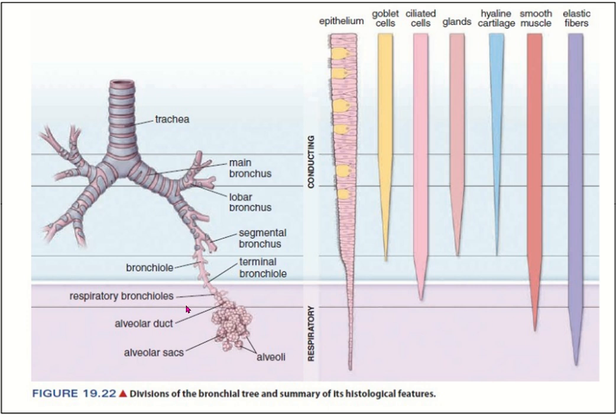The respiratory bronchiole contains a small amount of smooth muscle cells which are usually present discontinuously. Elastic fiber is the only fiber present throughout the respiratory system, both conducting part and respiratory part.